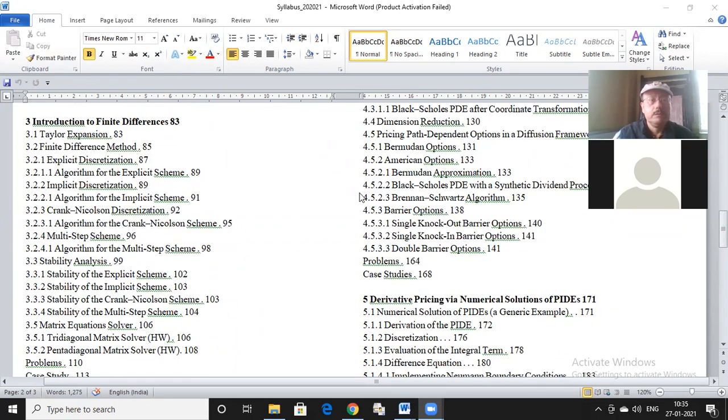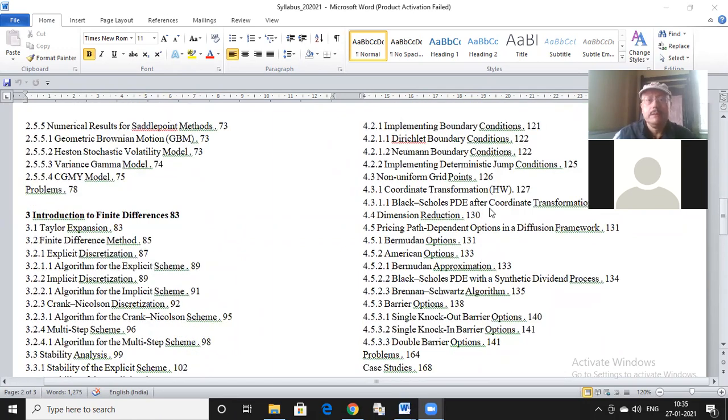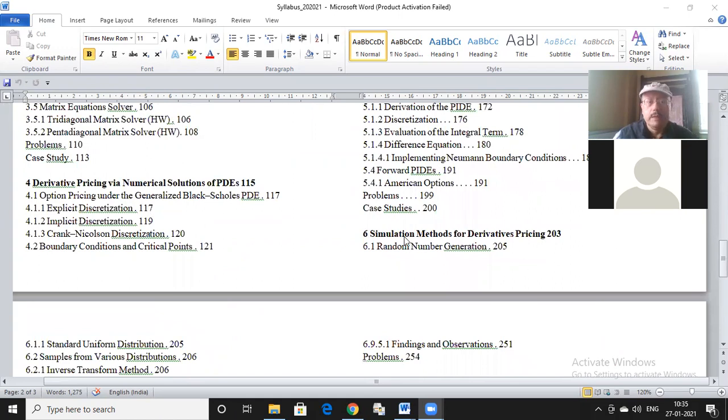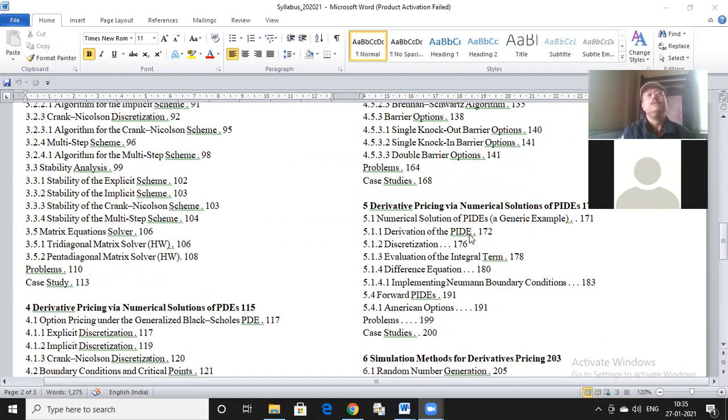So we will continue with finite difference methods and then use them in chapter 4 and 5 to solve the stochastic PDEs and PIDEs. So PDEs are for continuous models. We have learned that we start with standard Black-Scholes PDE.